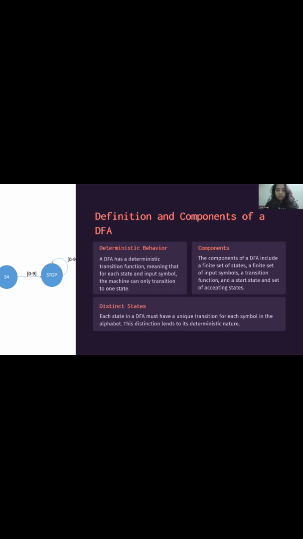The components of a DFA include a finite set of states, a finite set of input symbols, a transition function, a start state, and a set of accepting states, distinct states. Each state in a DFA must have a unique transition for each symbol in the alphabet. This distinction leads to its deterministic nature.